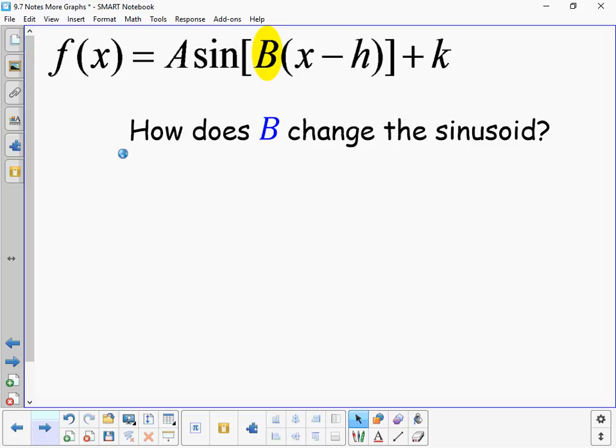So k moves the graph up by k units or down by k units if k is negative. a stretches the function by the value a, and it gives the function an amplitude of the absolute value of a. h directly shifts the function to the left or right by the value h. But b, while there's evidence of b on the graph, it definitely affects the graph, the number b doesn't show up, so to speak, on the graph.